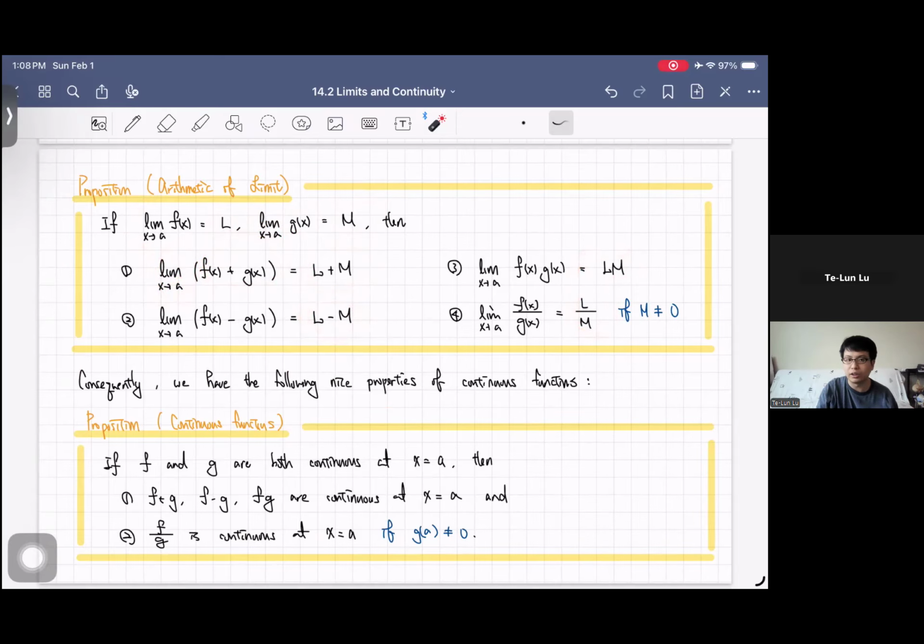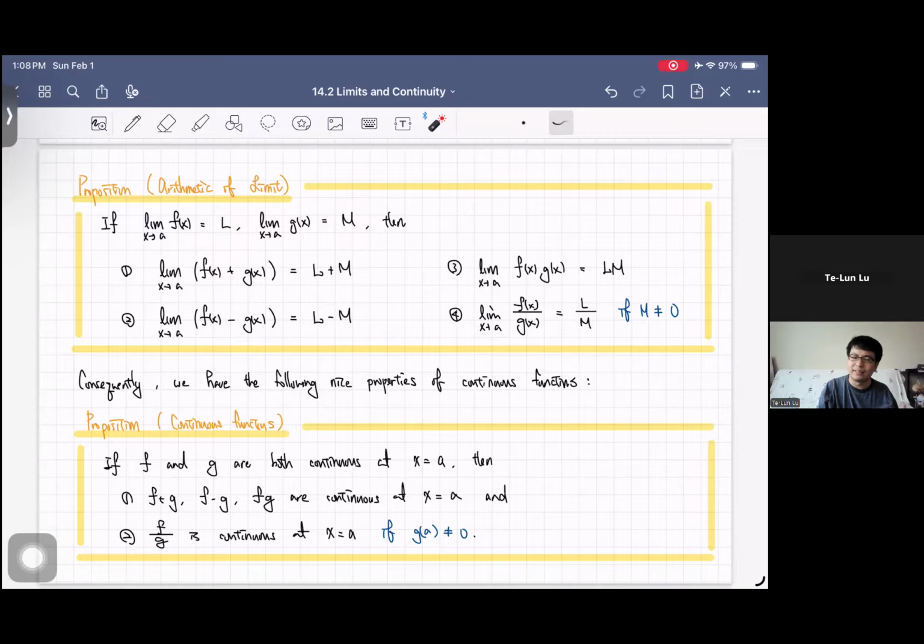The division has an additional condition, which is that the limit of g at a cannot be 0. And that is quite obvious, because we cannot divide things by 0, right? In the case where both L and M are 0, it's a different story. It is like L'Hopital's rule or some more delicate treatment of limits, which we will not discuss today. But those are the arithmetic of limits.